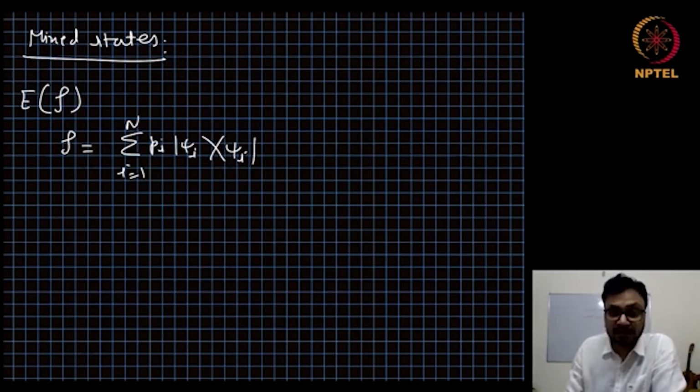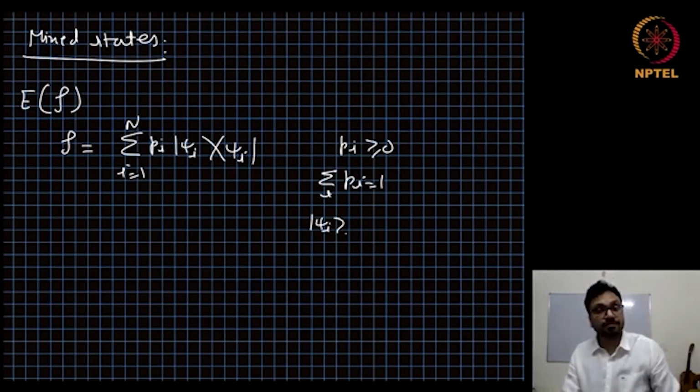So these two together, the probability distribution pi, which is defined such that all the elements of this distribution pi should be non-negative numbers, and they should add up to 1, and normalized states psi I, form a preparation scheme for a density matrix rho of an ensemble.